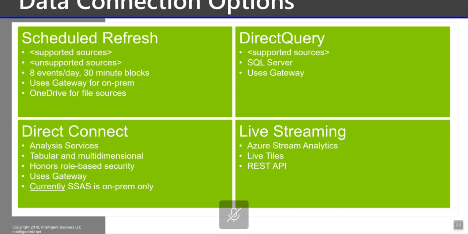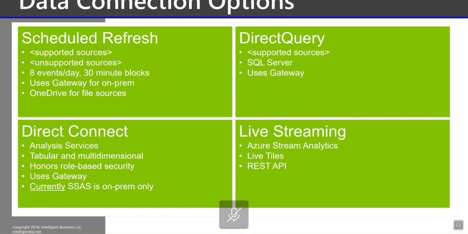That's a pretty big file. I believe that within your tenant, you're limited to 10 gigabytes altogether. So there's a lot that you can do with that. And if you aren't worried about data being live or near real time, we can schedule refresh intervals up to 8 times a day at 30-minute increments.